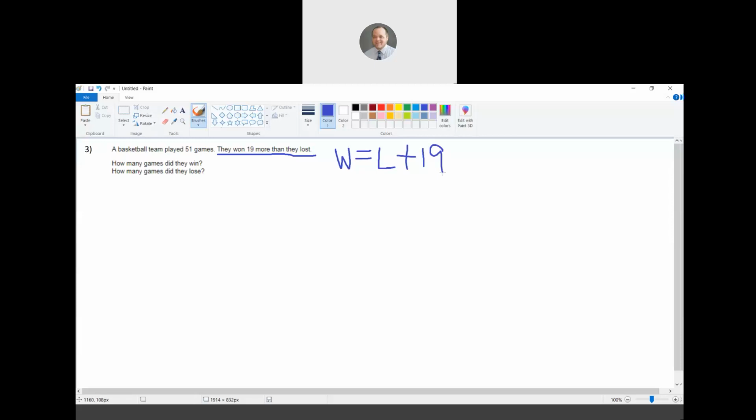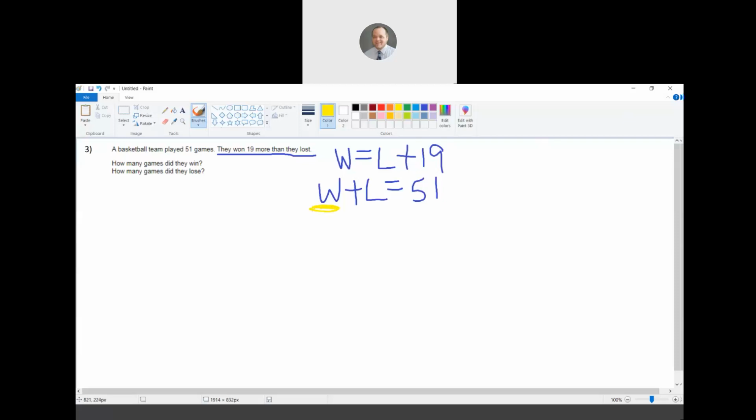Second equation is the number of games won plus the number of games lost equal the total 51 games. So W plus L equal to 51 is the second equation. Since we have a letter by itself, let's use substitution.